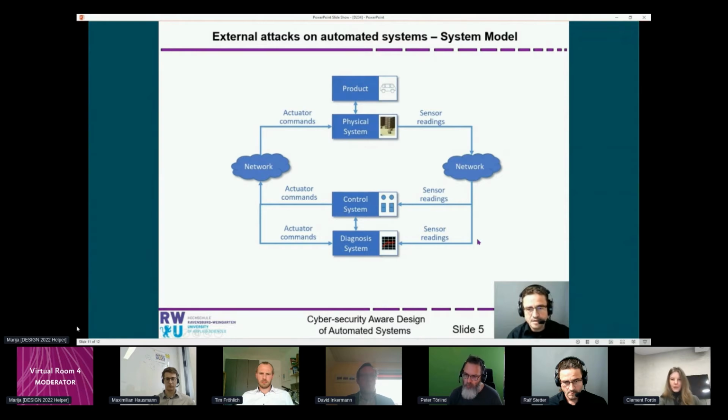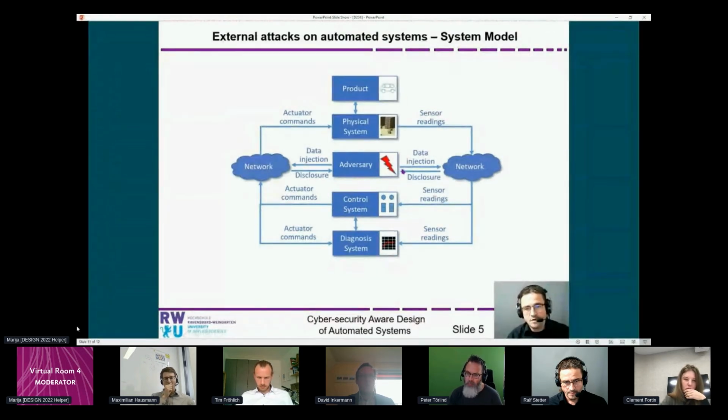Also present may be a diagnosis system, which also gets the sensor readings, very often also gets the actuator commands in order to model certain activities, and there might be a direct communication. So this is the system model, and here in the middle, an adversary may have access to the network.